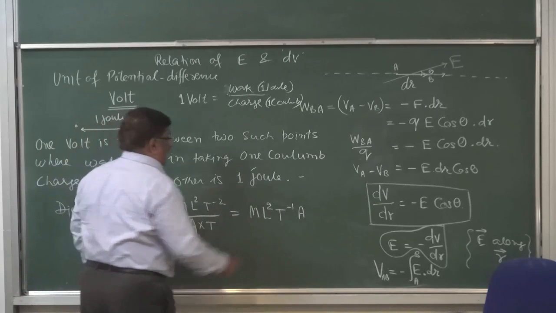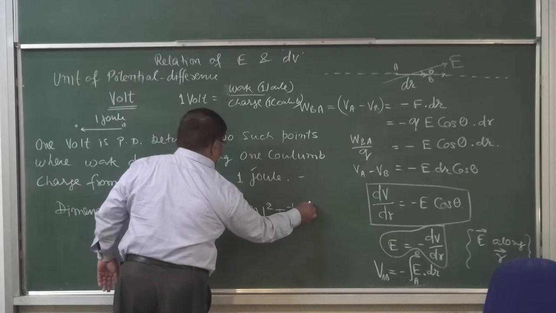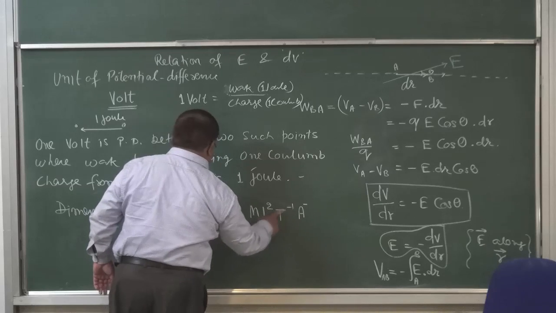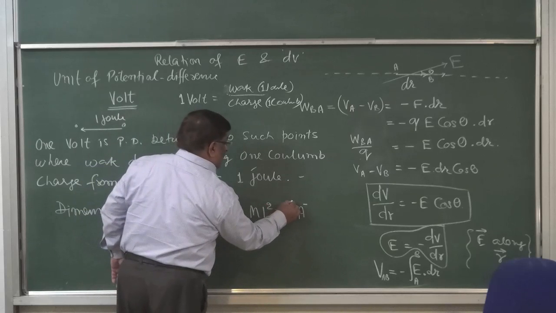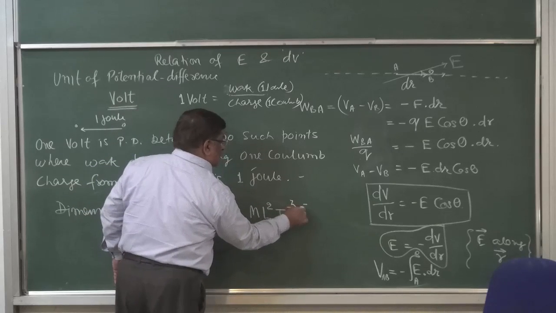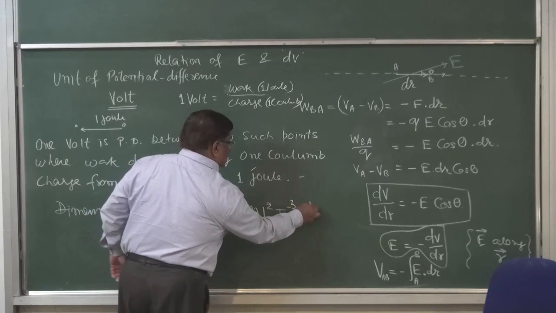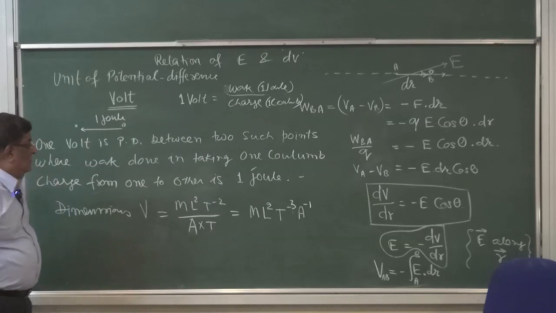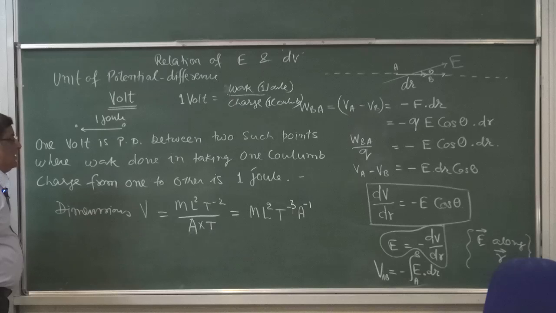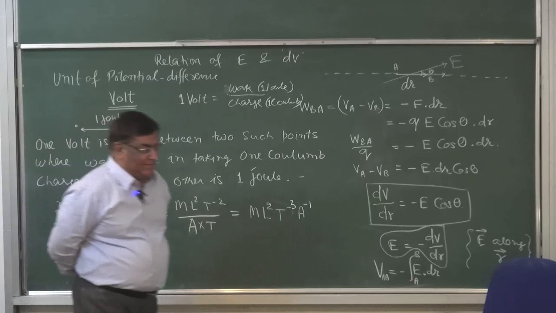A minus 1, correct. T, this is T^-3, and A^-1. Yes, now it is correct. So ML^2T^-3A^-1. These are the dimensions of potential.